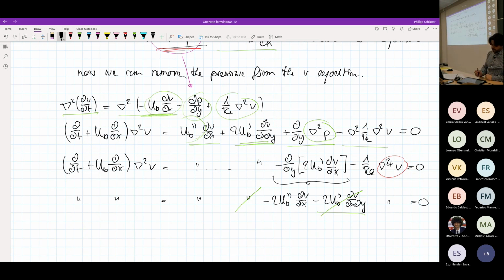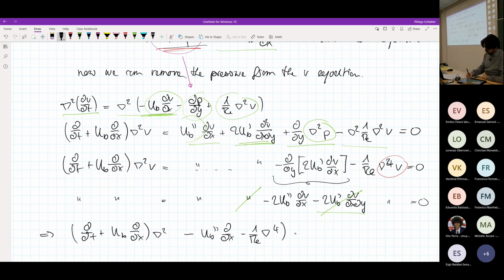So what I end up with at the very end is that on the left side I have d/dt plus ub d/dx of nabla square v, and on the right side I have, or write it like this maybe, minus ub double prime d/dx minus 1 over Reynolds nabla to the 4 times v.